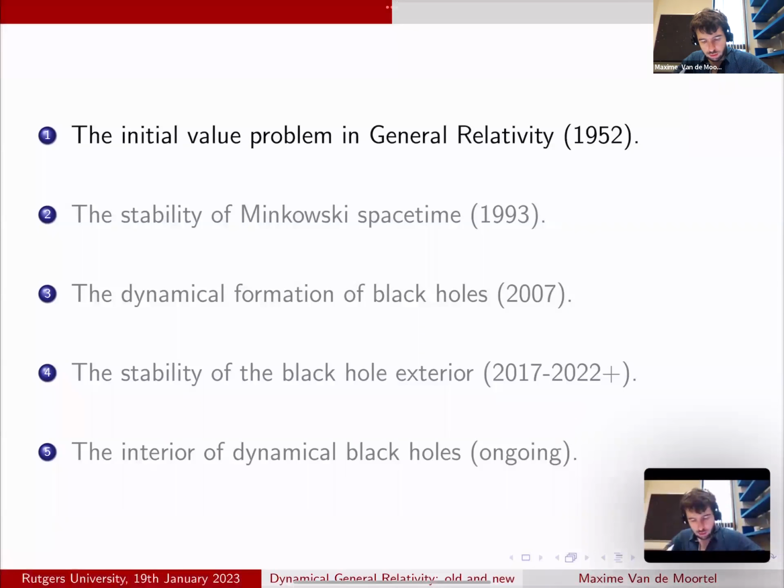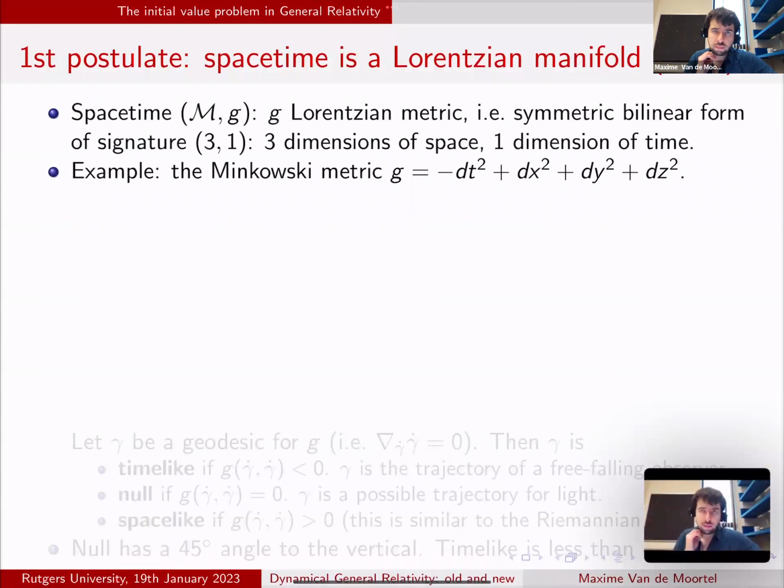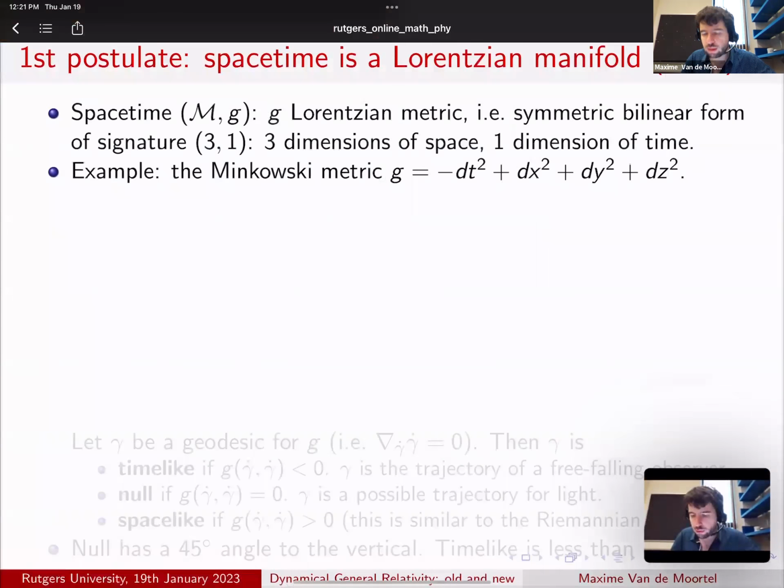So without further ado, let me start. I want to start with a gentle introduction. The first thing is that we model space-time as a single entity. I date this to 1905, to special relativity, even before general relativity. The idea is that space and time are embedded in the same object called a Lorentzian metric.